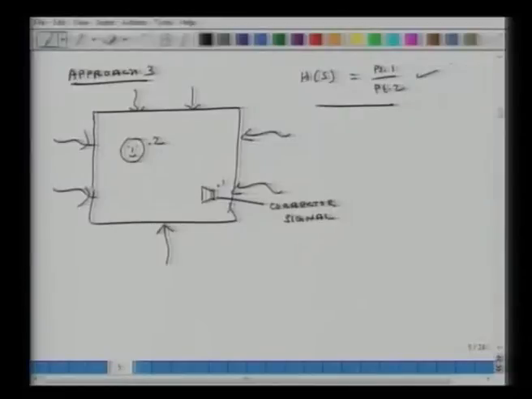Once you have that, then if you know what noise is coming at location 1, then you can compute what noise is being heard at location 2, right.